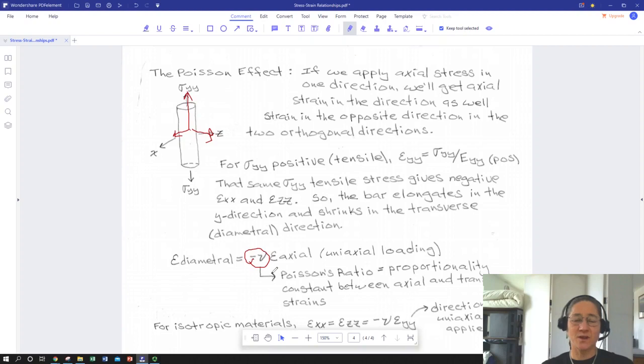So Poisson's ratio, as it turns out, has to be less than 1/2. We end up with a negative sign indicating that if we stretch in the axial direction, we compress in the radial and vice versa.